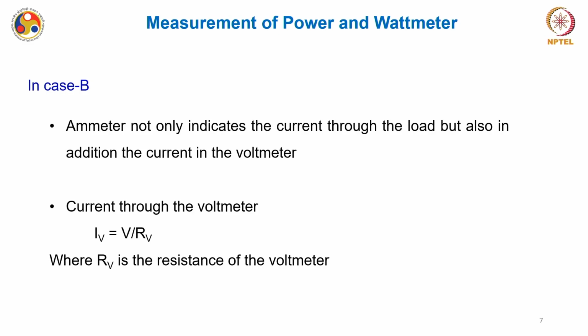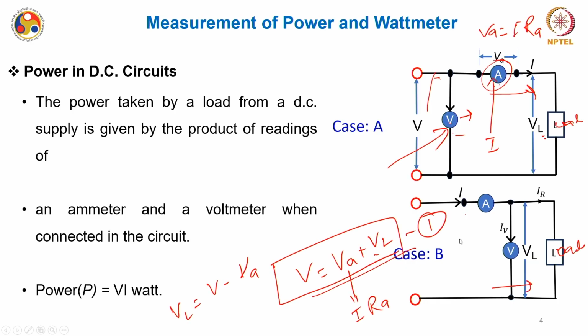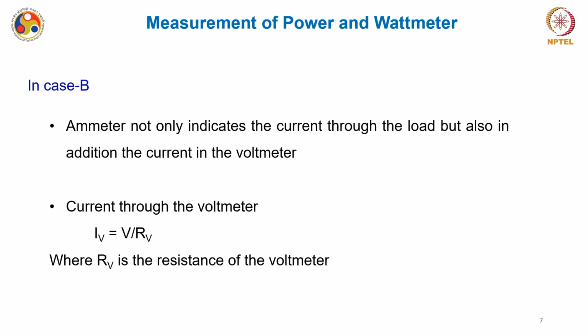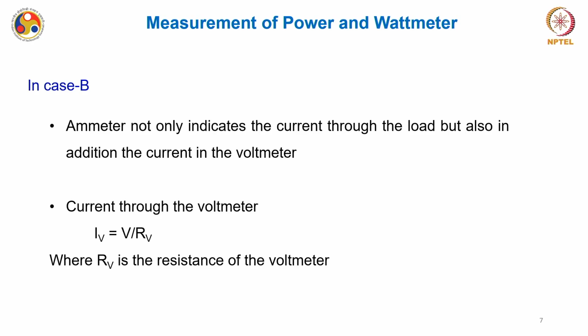Now consider case B. In case B, I want to talk about this particular system. In this system, the voltmeter is nearer to the load, and the ammeter is far from the load. So in this case, the ammeter not only indicates the current through the load, but also the current in the voltmeter.